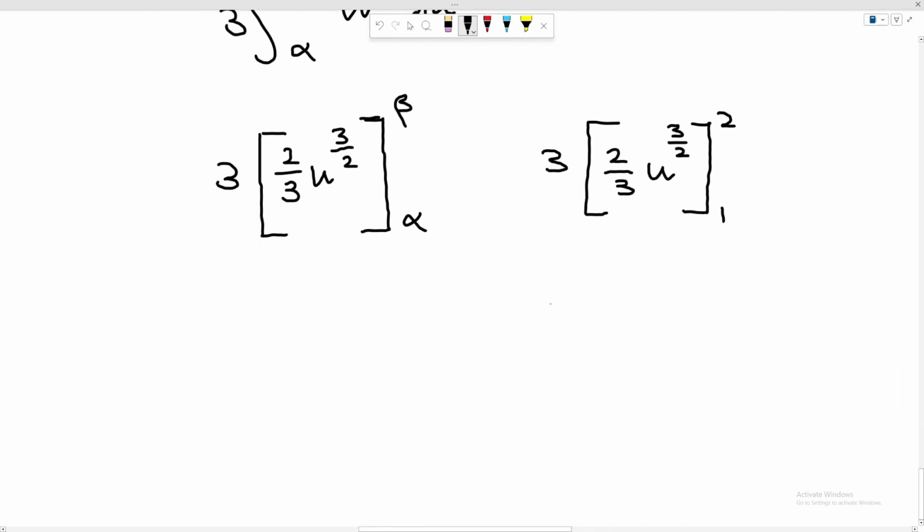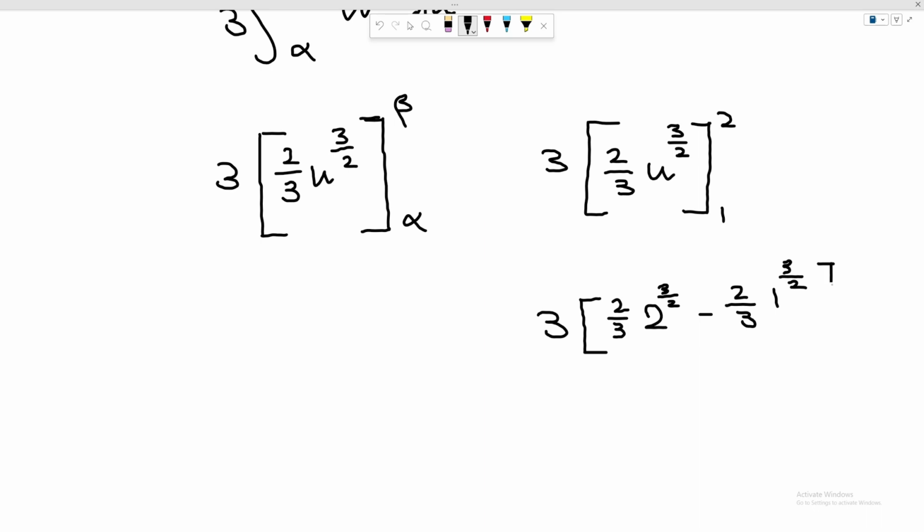So let's do the math. And this would be 2 to the 3 over 2 minus, right? This is what we get. So what we get here, I'm just gonna rewrite this. This actually is, if I can remember it correctly, you know what, I can't.